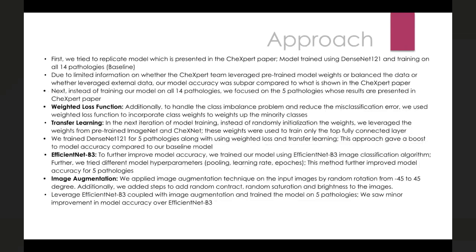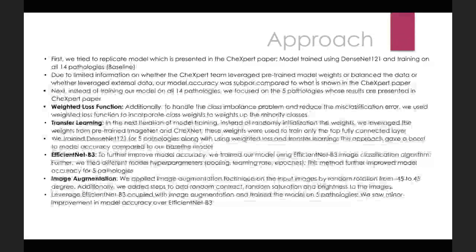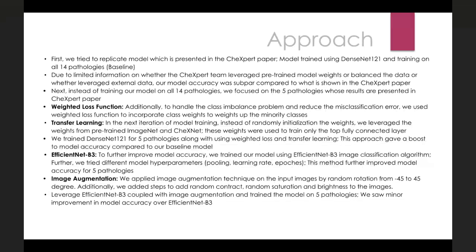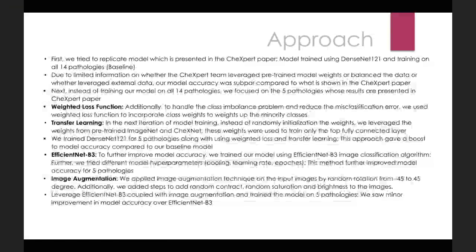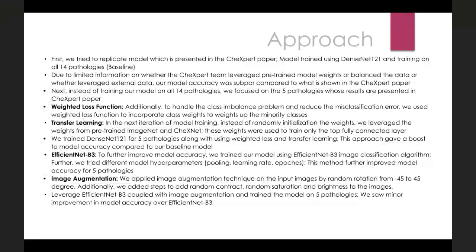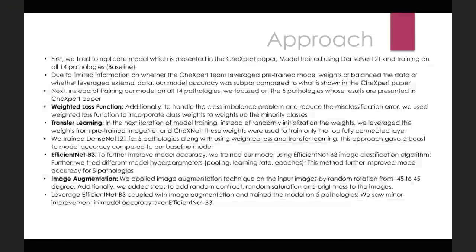We think pre-trained weights from CheXNet are probably going to give us better results. Next, we tried EfficientNet with ImageNet pre-trained weights. EfficientNet is supposed to be a more accurate and lightweight model.